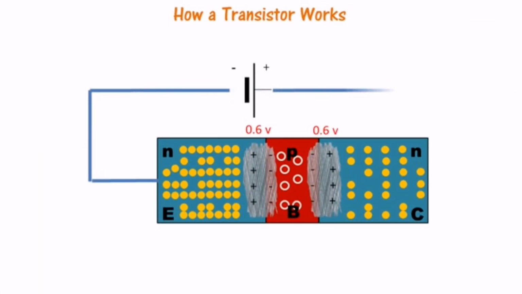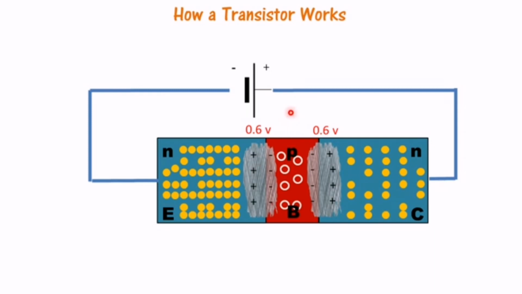Now if we connect a battery across the NPN transistor, we see that nothing really happens. One may argue that this emitter is in a forward bias position and it should push the electrons and cause the flow of current.